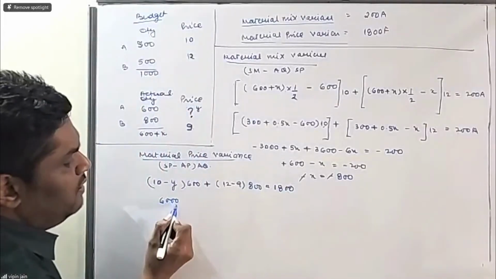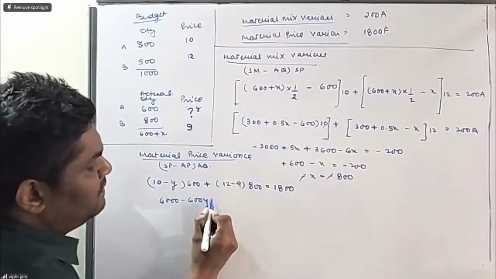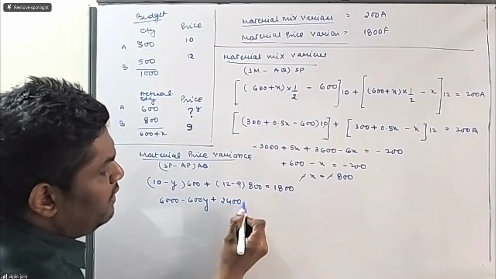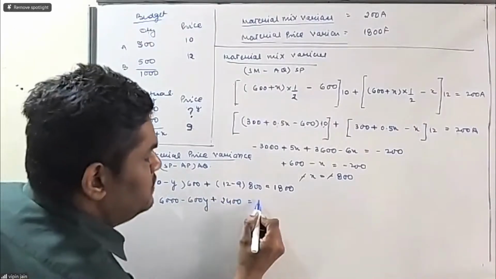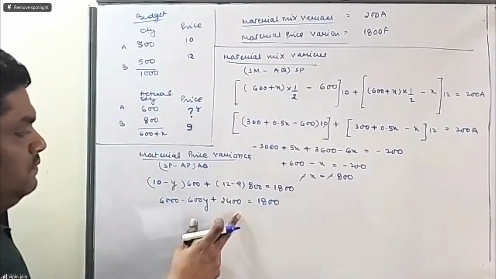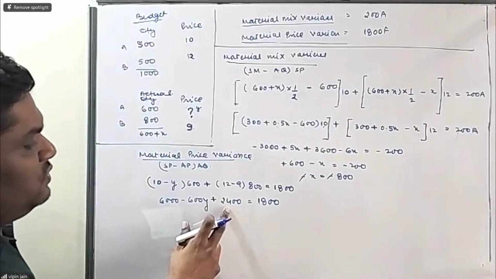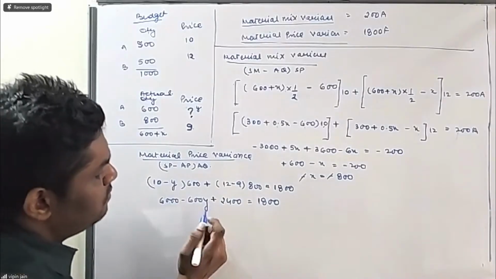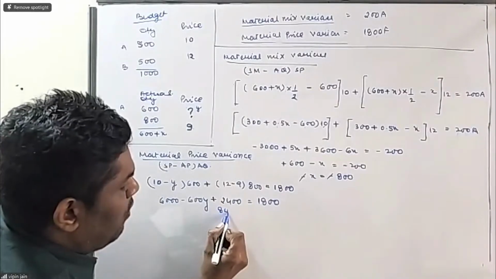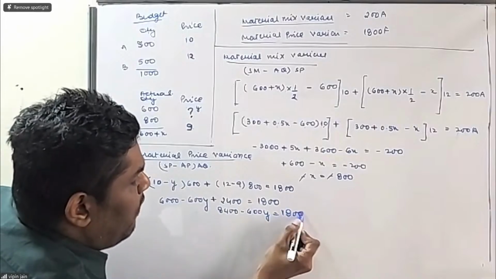So 6000 minus 600Y plus 2400 is equal to 1800. So 6000 plus 2400, 8400, minus 600Y is equal to 1800.